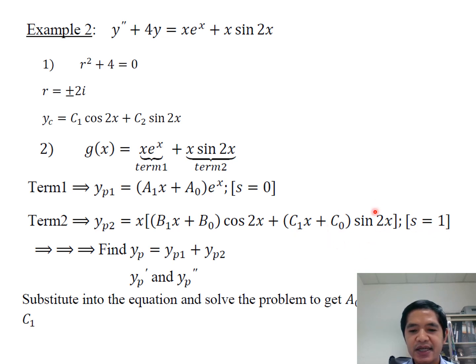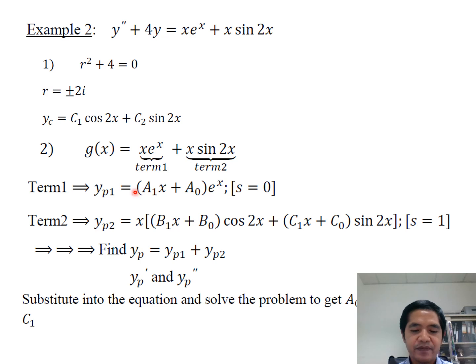And don't forget the sine term, cos and sine. So on this side is also the same. C1, another constant. You can use ABC or C1, C2, C3. It doesn't matter. Okay, and C1 x plus C0, and also this time x to the s equal to 1.